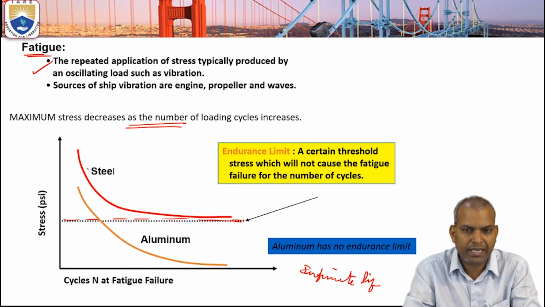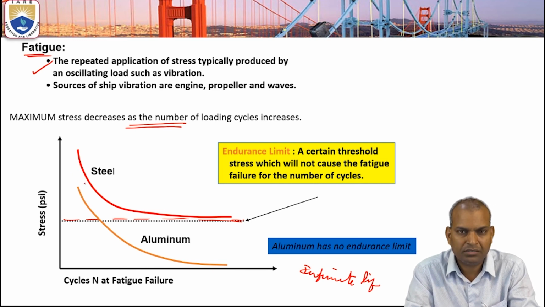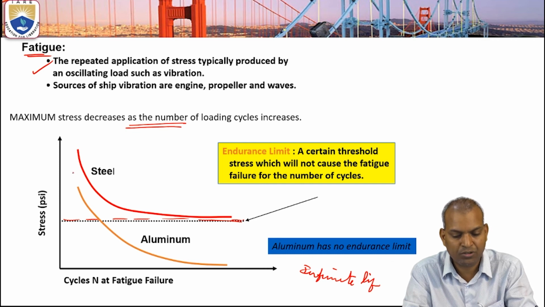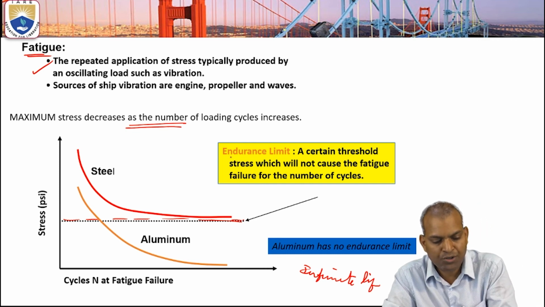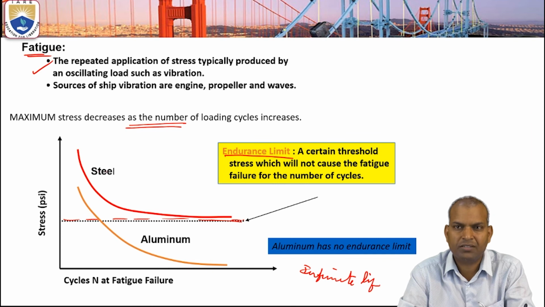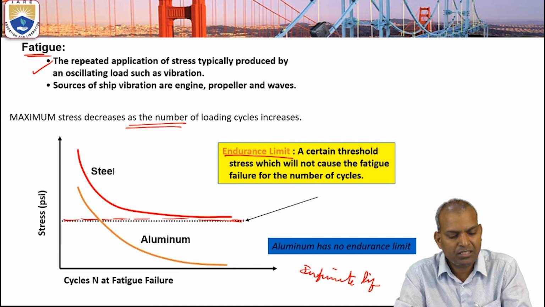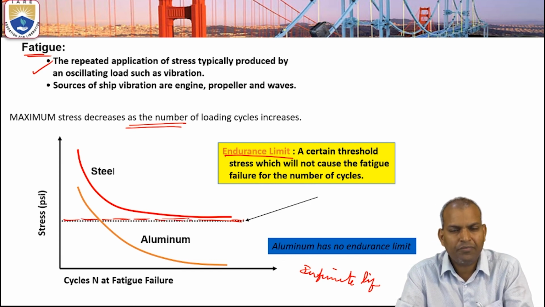If it works outside this, then material failure takes place after a finite number of cycles. So this endurance limit is a threshold stress which will not cause fatigue failure regardless of the number of cycles. Under this endurance limit, the material under cyclic loading has an infinite life.